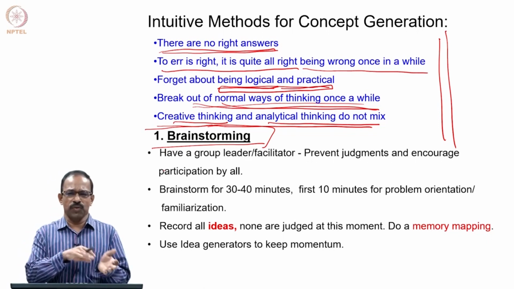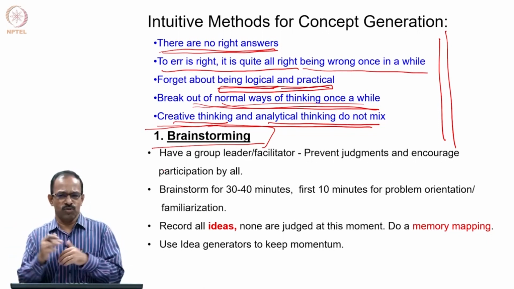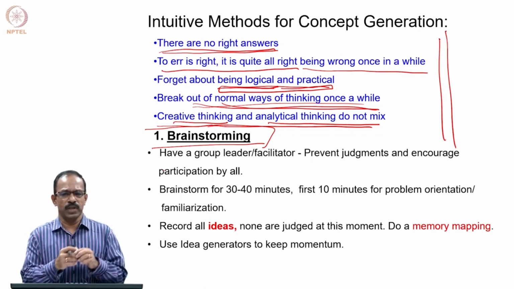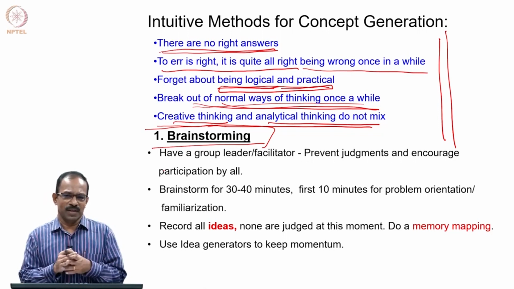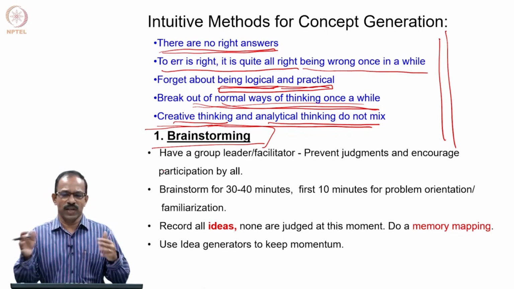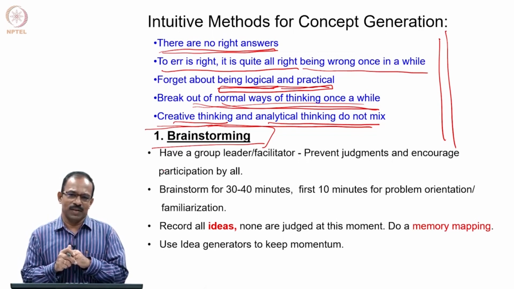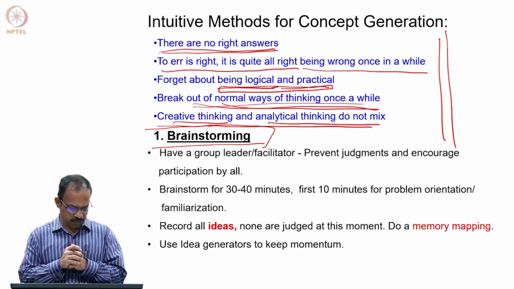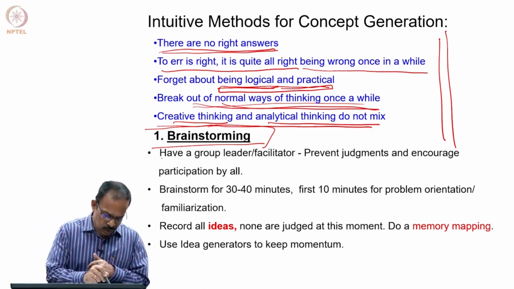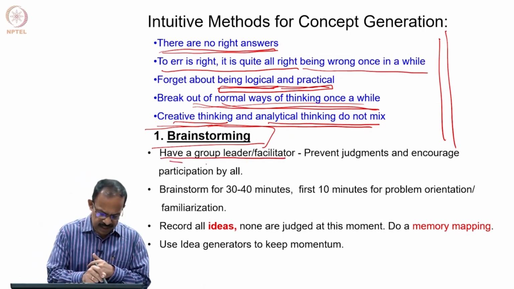It does not matter whether it is 5 or 7, but too many people will be difficult, and too few people will also be difficult, because when the number of people is very small, you will not get enough ideas. When too many people are there, you will get lost in the discussions, and you probably do not get a very effective brainstorming. Okay, so, it is good to have a group leader or a facilitator.